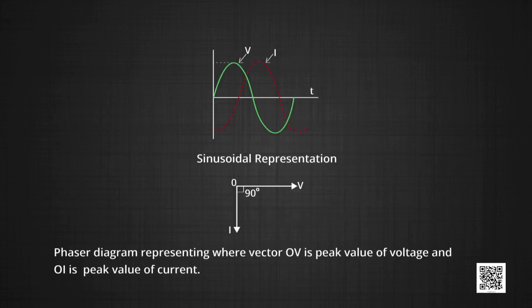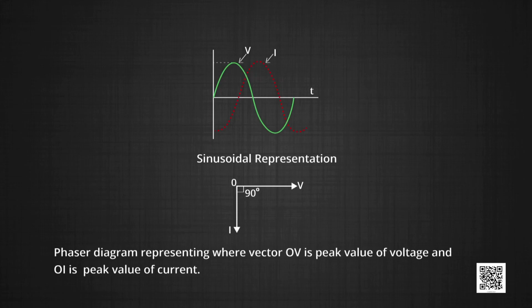This figure below shows the current lagging behind the EMF by 90 degrees. We are using this phasor diagram to show the sine waveform. We have two components here, voltage and current, and we have drawn them along this x axis. I have taken this phase angle, and along this y axis I have both components I and V. Suppose I change the phase angle and shift this I value, so it looks like this.